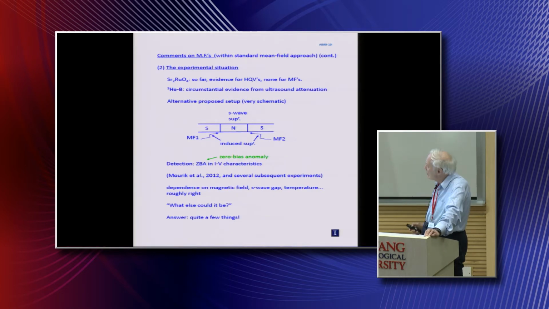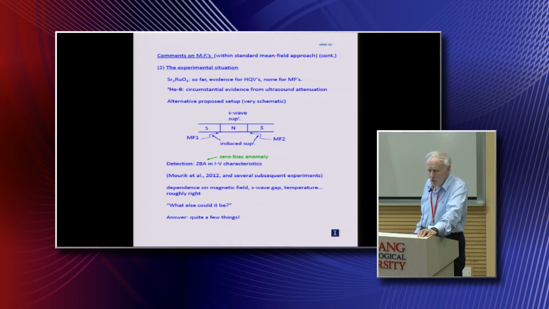And then it turns out that basically the situation is rather similar to what it is in a p plus ip superfluid. And what you expect is Majoranas at these boundaries here. And that's what people look for experimentally. And what they usually look for is a zero bias anomaly in the current voltage characteristics. The first experiment was done by the Delft group, Mourik et al. in 2012, and there have been several subsequent experiments.